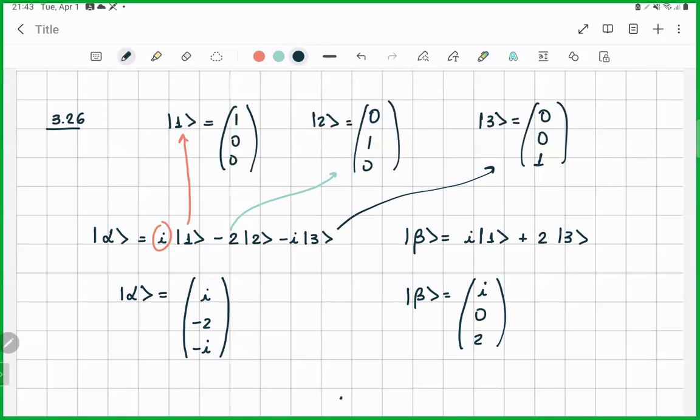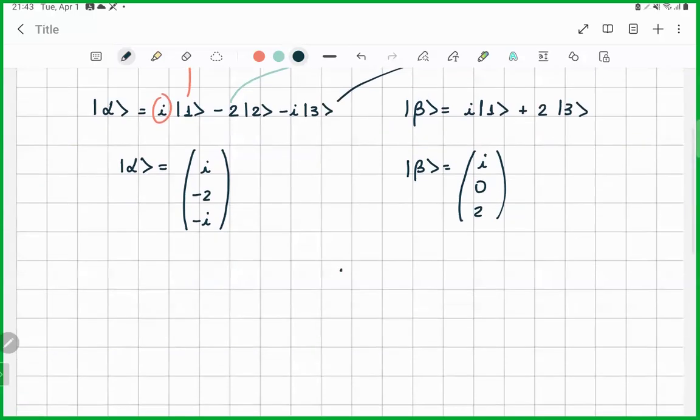And then comes the first question, question A: construct the bra of alpha. We are given the ket, and we want the bra of alpha. The bra is going to be, instead of a column, a row, and we have to take the complex conjugate, right?